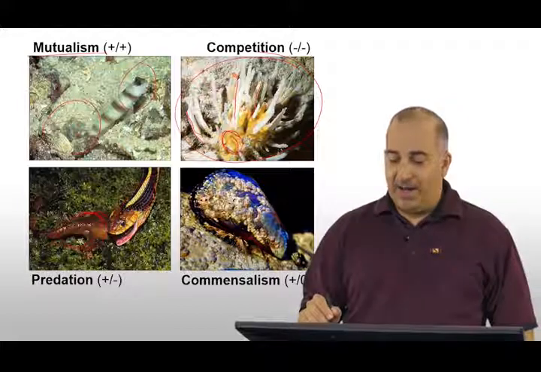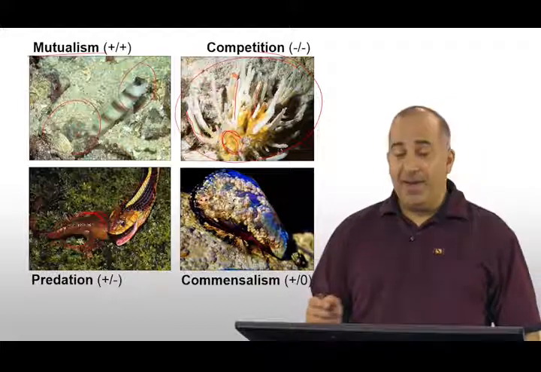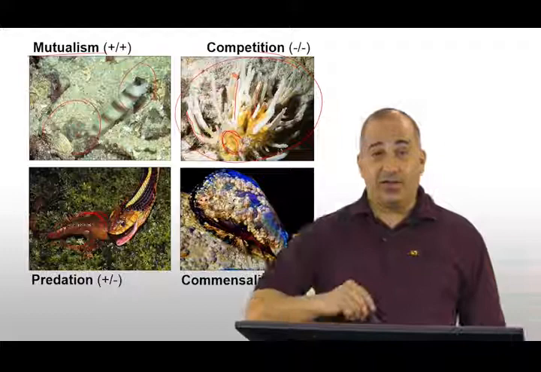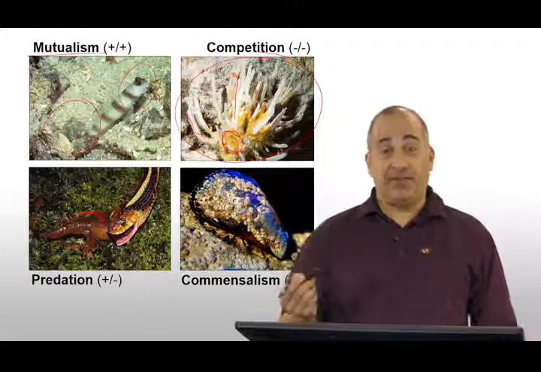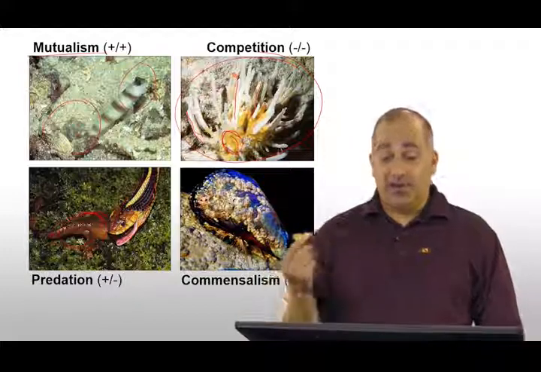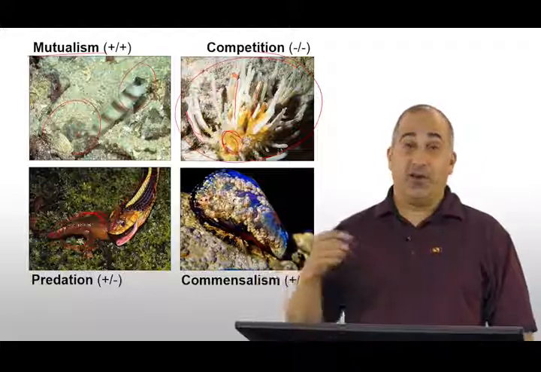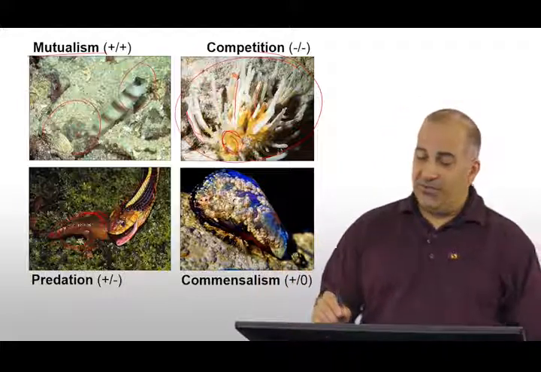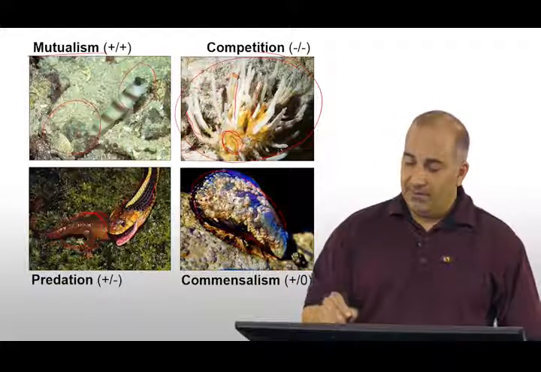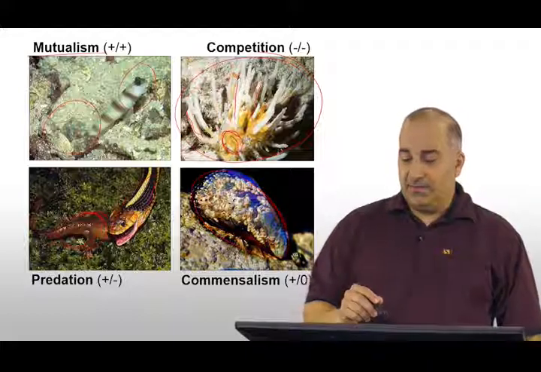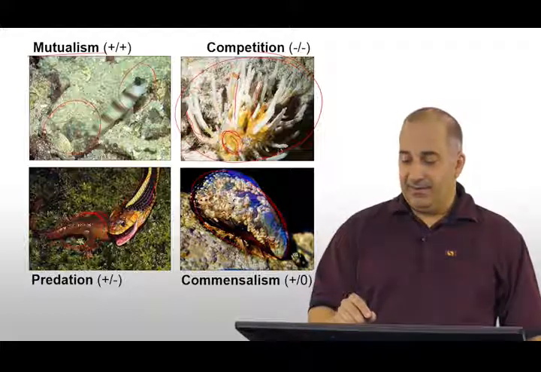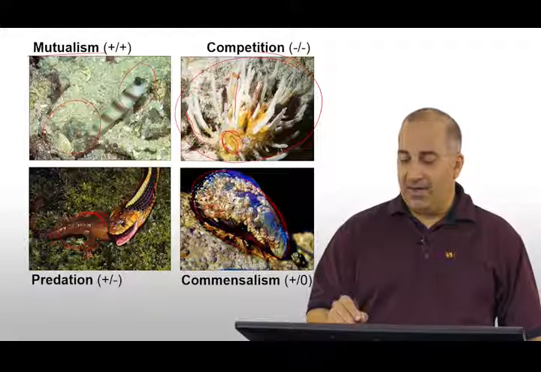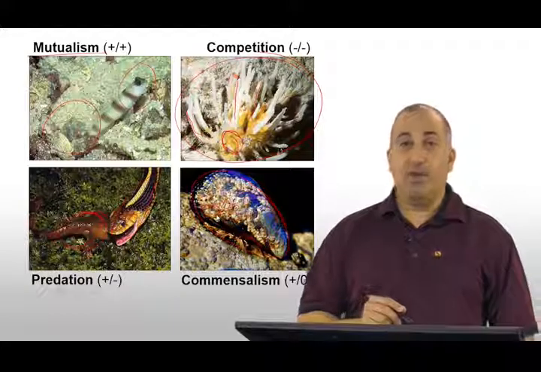Now on the right here, bottom right, we have one final interaction called a commensalism. And a commensalism is one where one species benefits from the ecological interaction, whereas the other species doesn't seem to benefit or lose very much. And so this is a mussel. You can see this bivalve mussel. And on the shell of the mussel are many little round white things called barnacles.